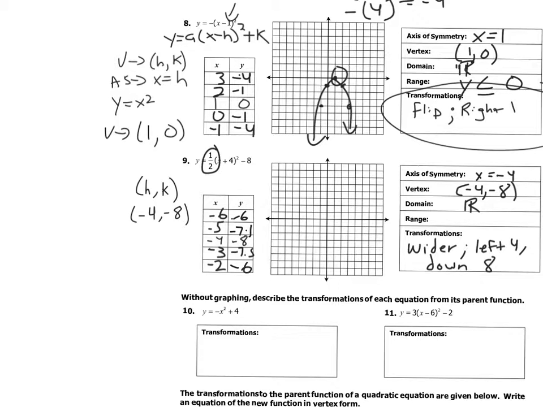So then we graph it. Your vertex is negative 4, negative 8, which is going to be right here. Then we have negative 3, negative 7.5, which is going to be right here. Then we have negative 2, negative 6, which is going to be right here.